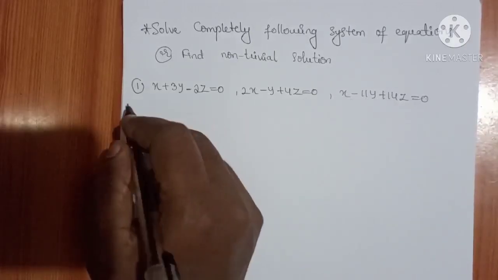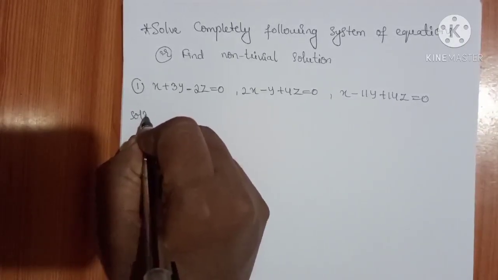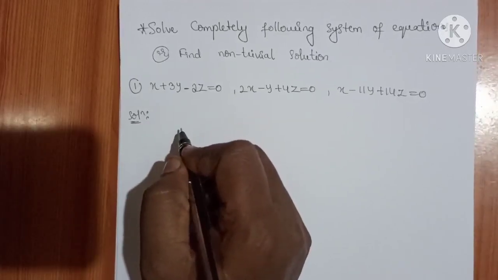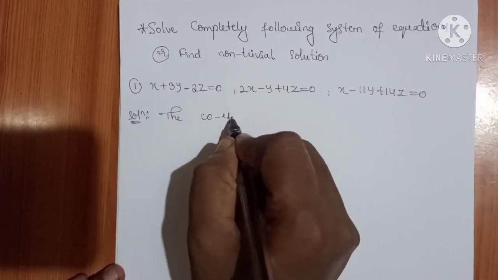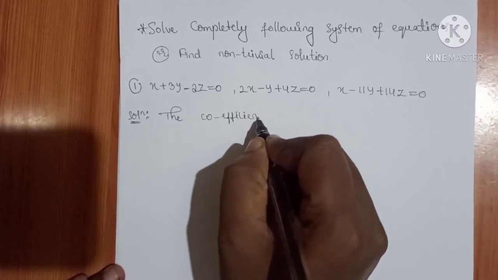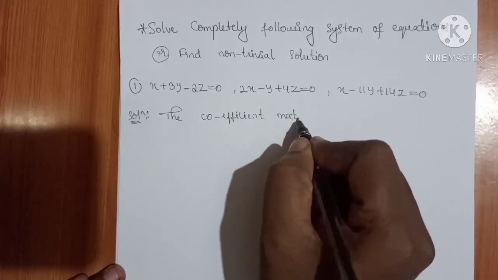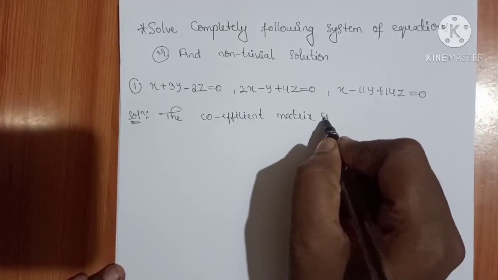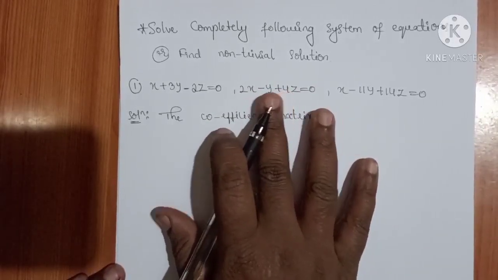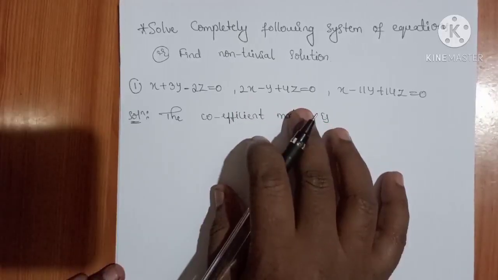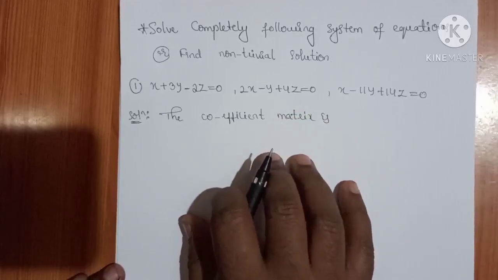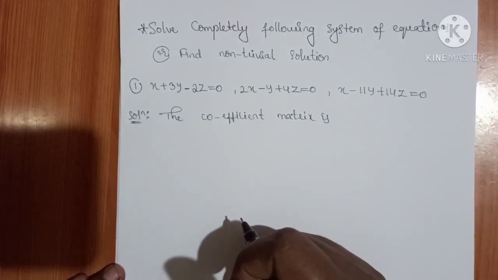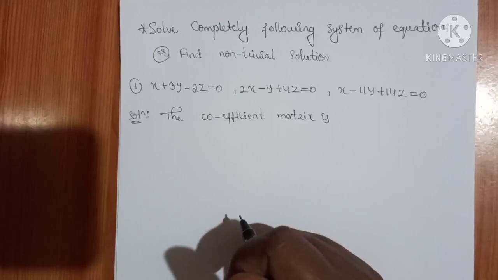Now first we shall write the coefficient matrix of the given system of equations. Already we know that in order to get the solution of a homogeneous system of equations, first we write the coefficient matrix of the given system, then we find the rank of A, that is, the coefficient matrix.